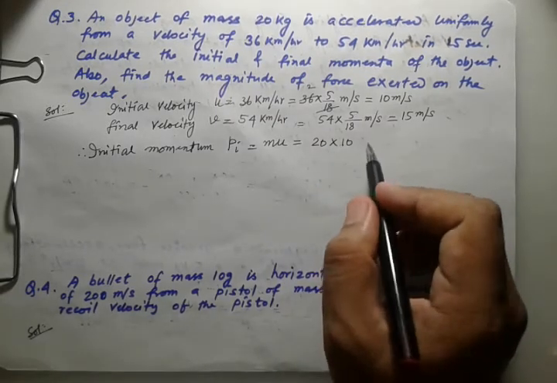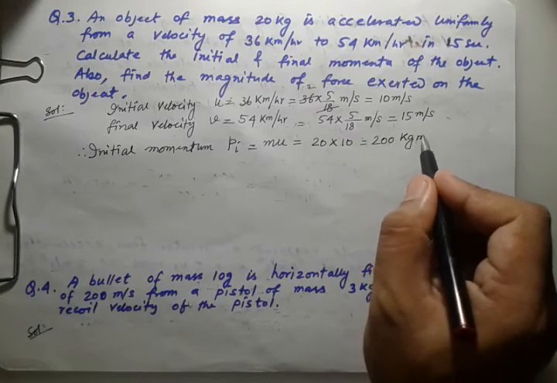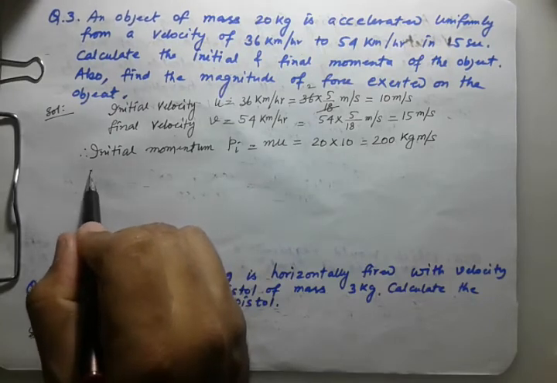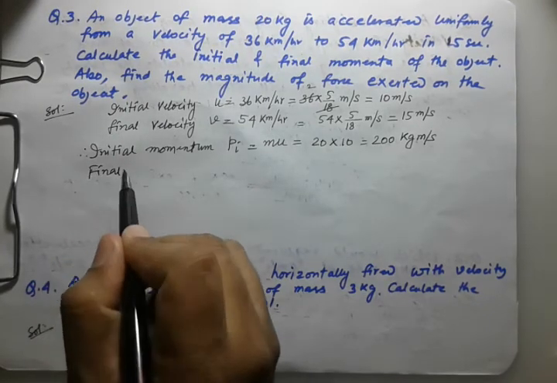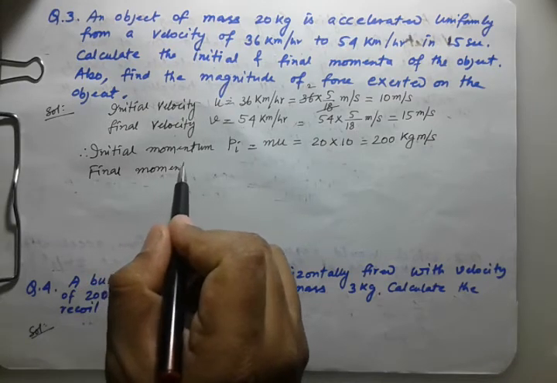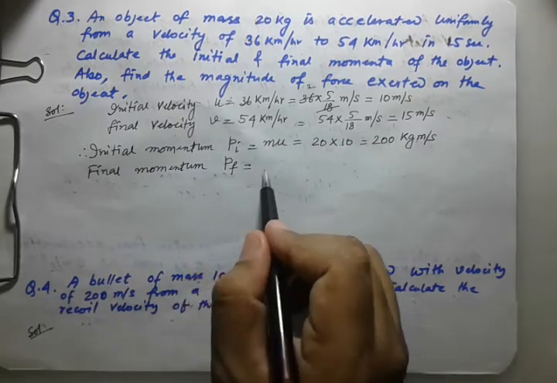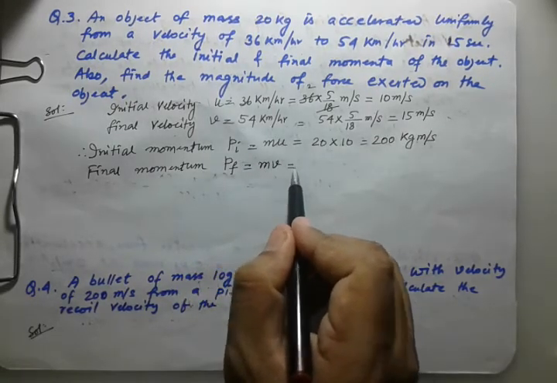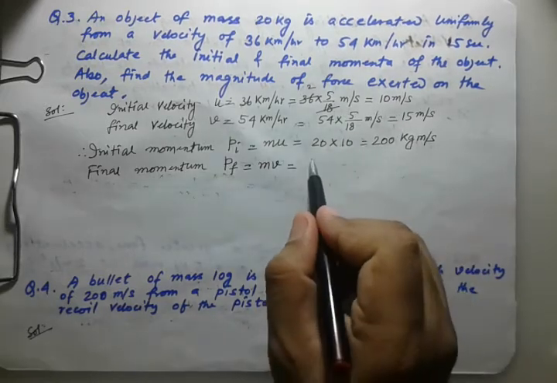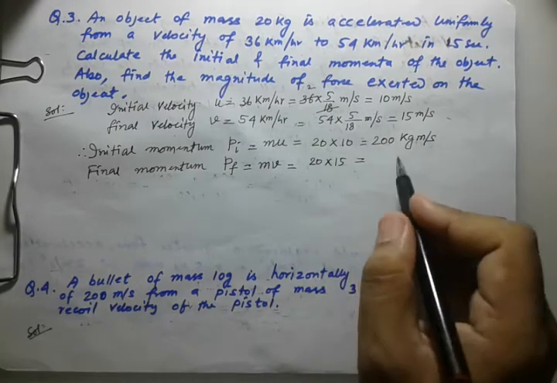So we'll get 200 kg meter per second. Final momentum, Pf is equal to mv. So it will be 20 again into 15. So we multiply 20 into 15, we get 300 kg meter per second.